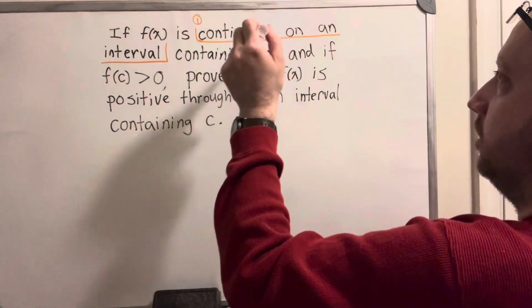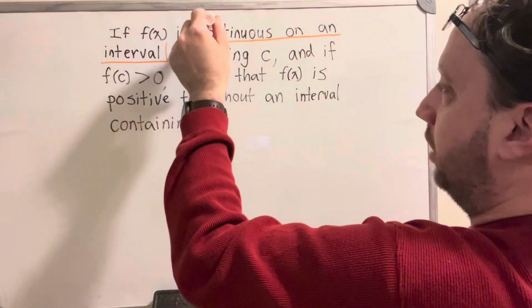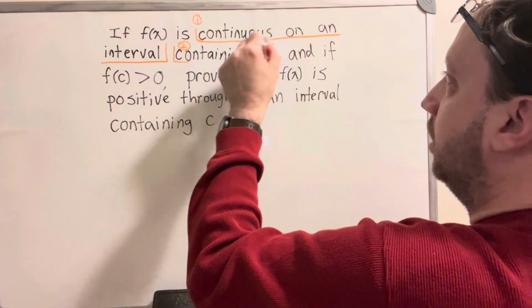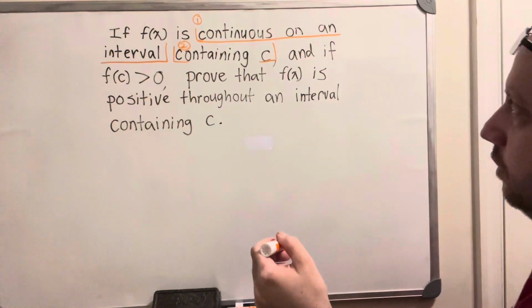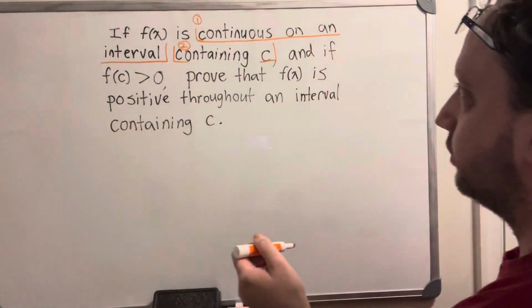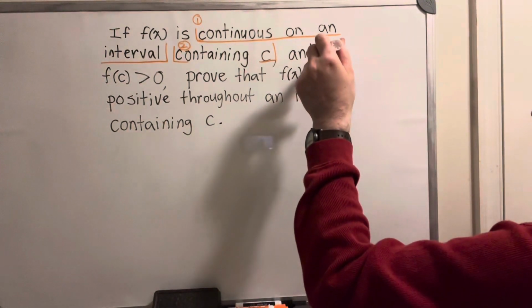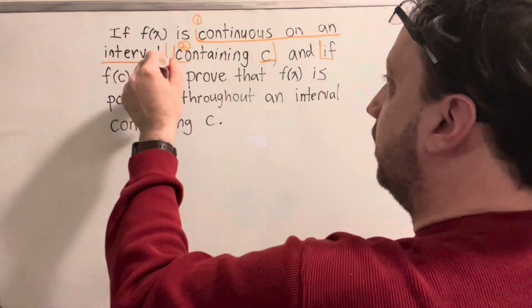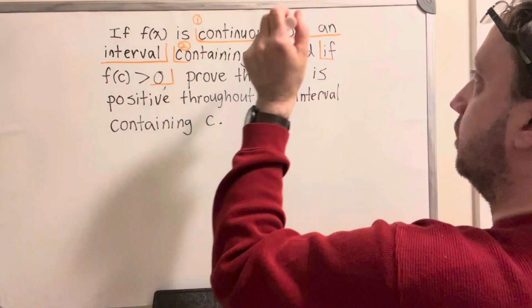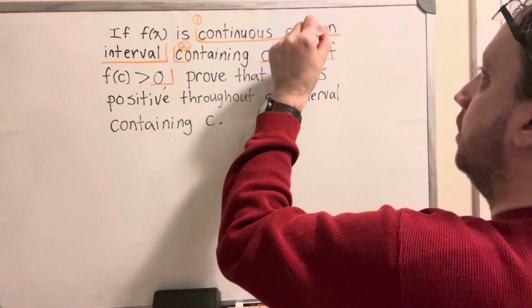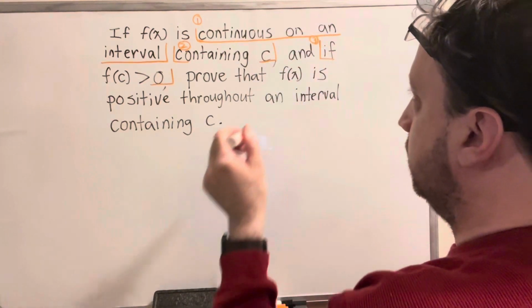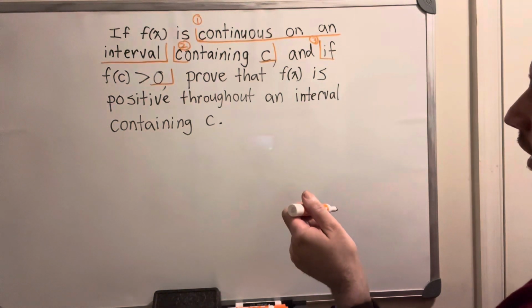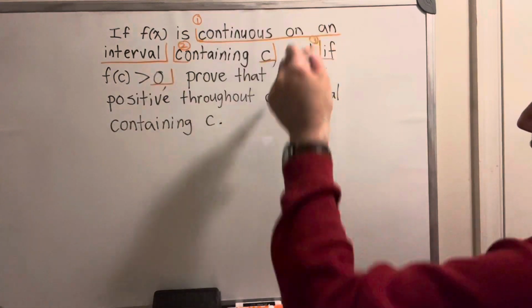I'm going to consider this one a different part, although it'll probably be part of it, because I want to show not only any interval, but an interval containing c. And then, if f of c is greater than 0. You could consider "and" an important logical connective, but I'm going to note for myself that we are talking about both of these.